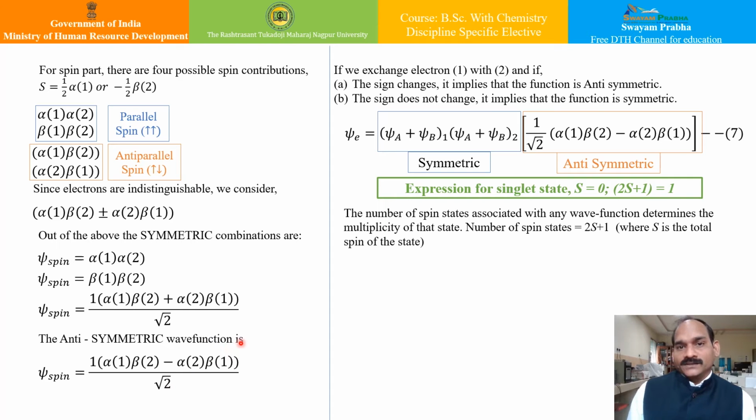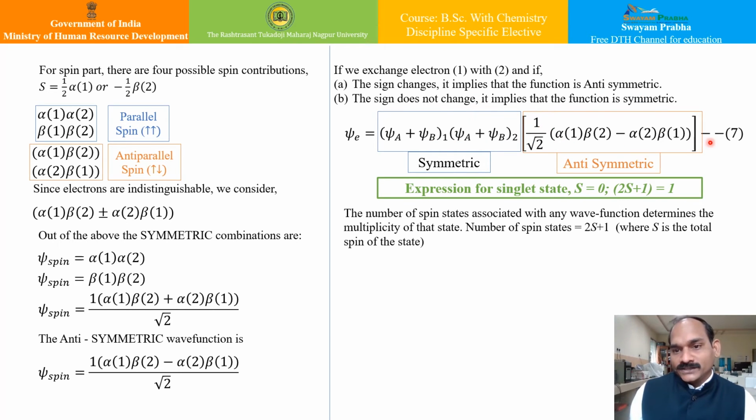Now, for a 2 electron system, the complete wave function can be obtained by multiplying the orbital wave function with the spin function, such that the complete wave function is antisymmetric. When we interchange the orbital and spin coordinates, and we know that the spin wave function part is symmetric, the only possibility to make the complete wave function antisymmetric is to consider the antisymmetric spin wave function, because unless we multiply by this antisymmetric part, the overall wave function cannot be antisymmetric.